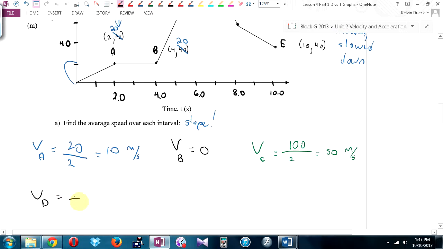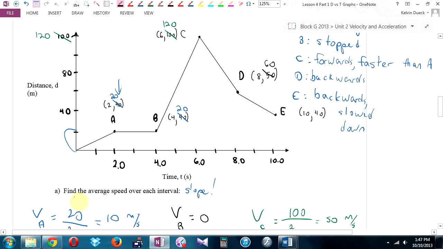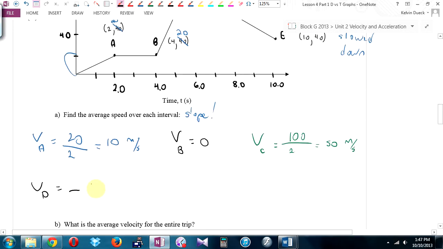It's a negative slope, right? Downhill slope we said last year was negative. What's the rise? Well, we start out at 120, we end up at 60, so it's 60 take away 120. I've already put in a negative.